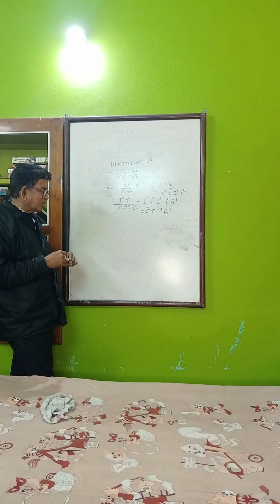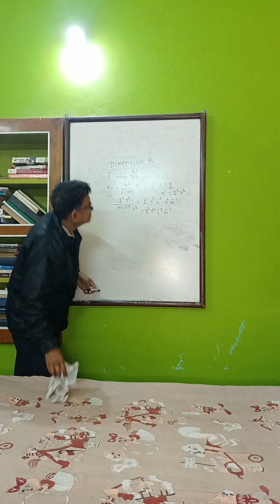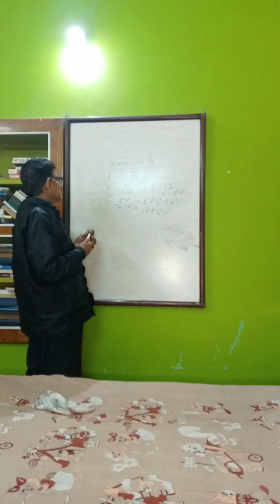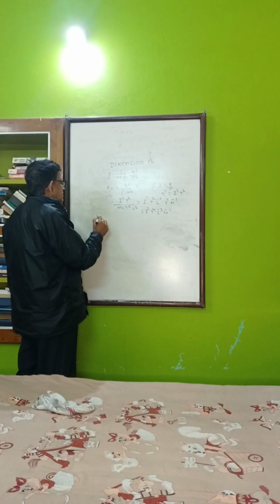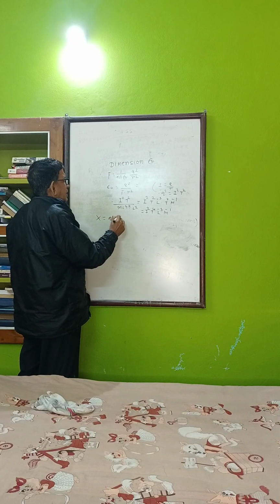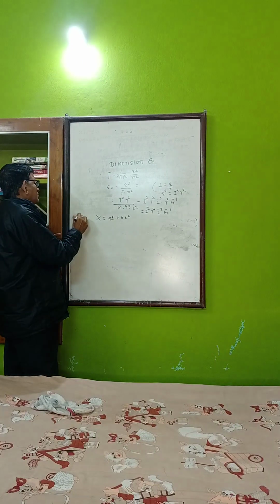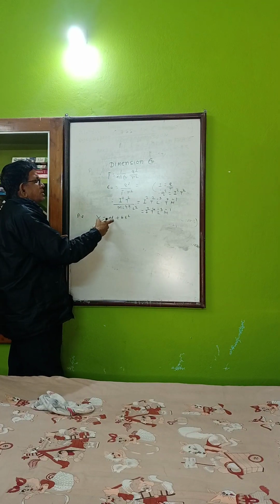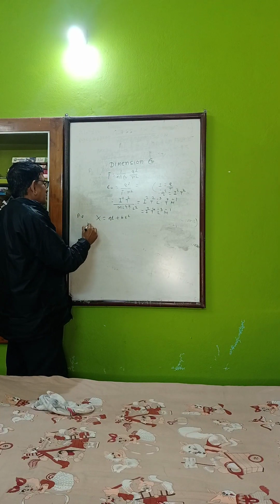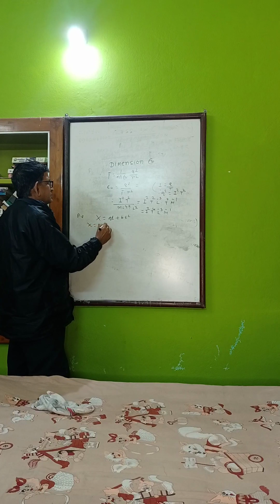Next, another problem I am going to discuss with you. Suppose x equal to at plus bt square. Problem number 2, x equal to at plus bt square, dimension of x equal to distance.